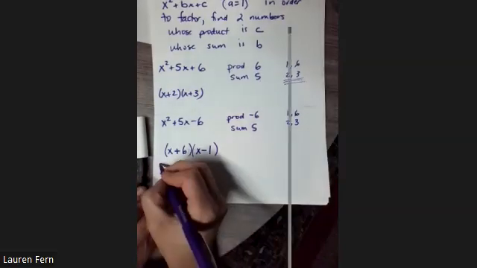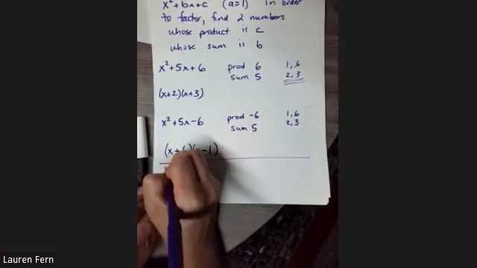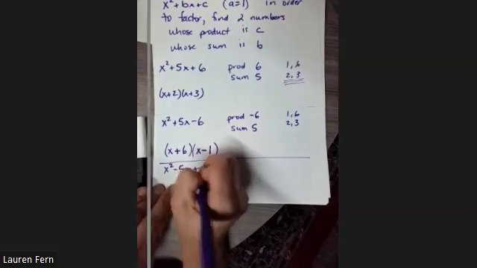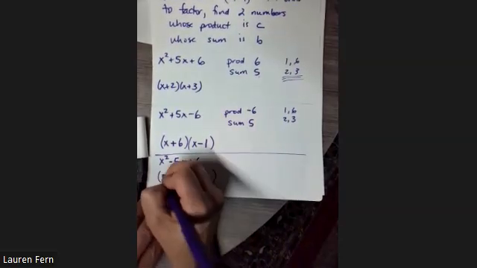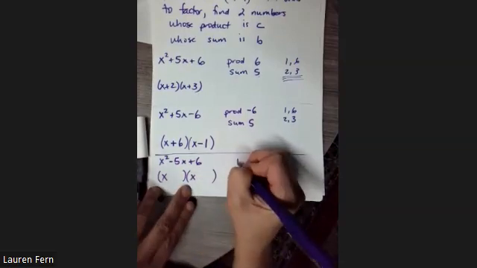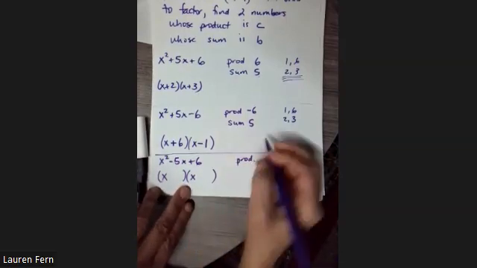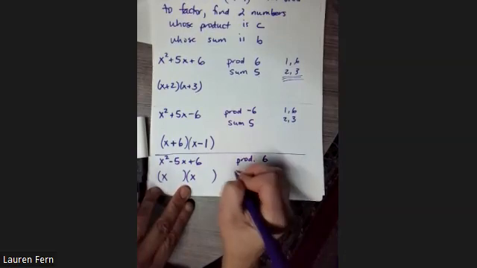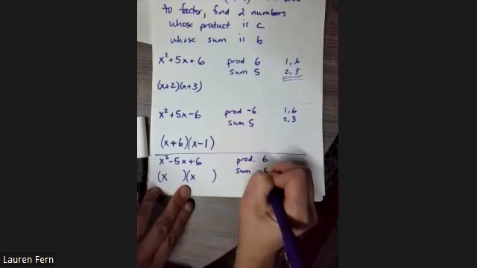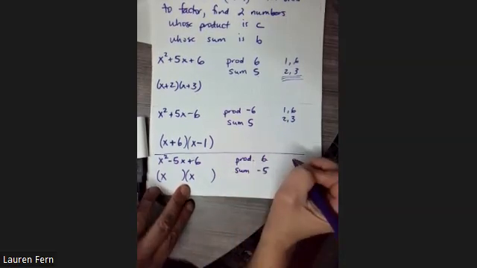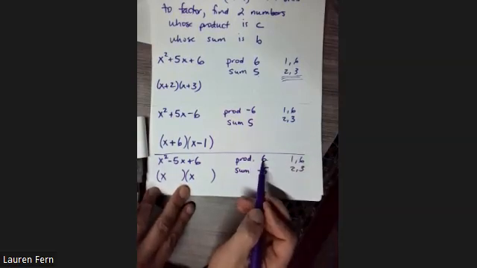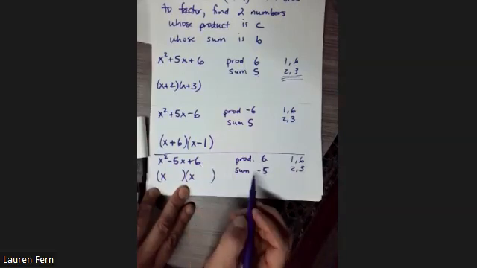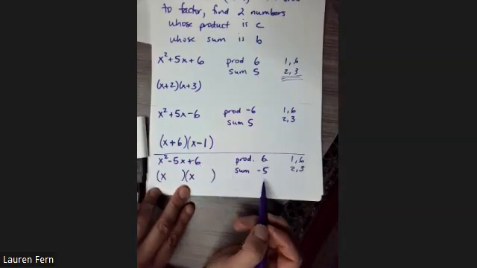What if I have this? Again, it's going to look very similar, but it's going to be different. We want to factor this guy. Notice here now, we want our product to be a positive 6, but our sum to be negative 5. Well, the only way you can multiply to have a positive number is if both are positive or both are negative.